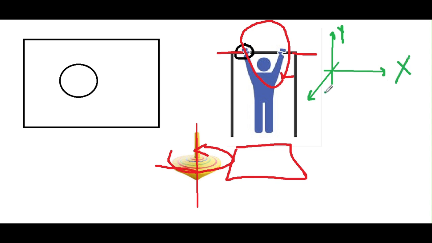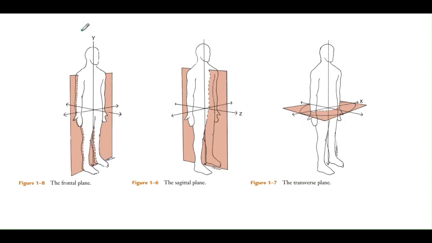Now let us understand in a little more detail how we use planes and axes in our body to define a movement. Considering the human body, there are three different axes that are used to understand the motion of the body, or a position of the body as well.